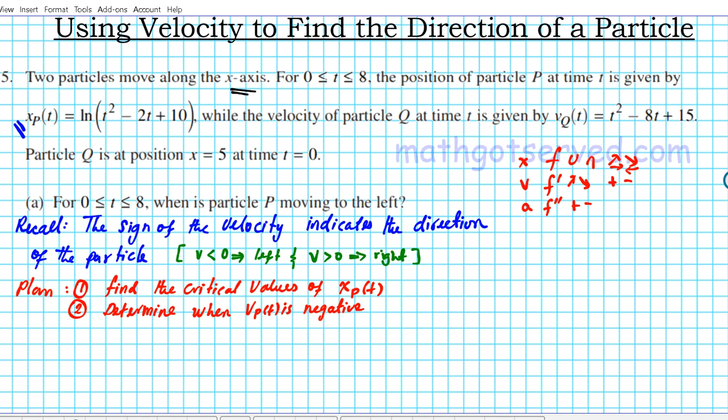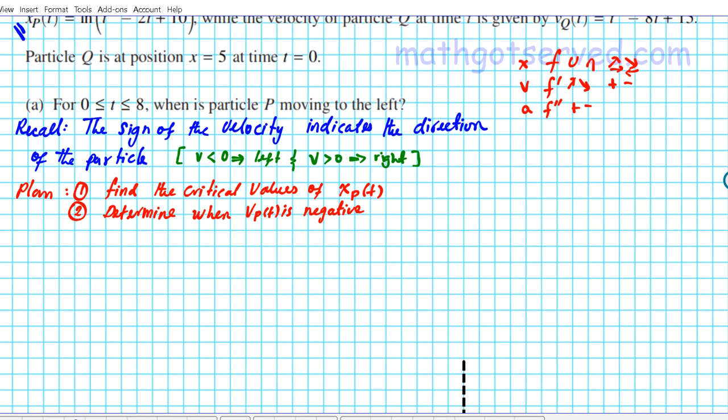Let's do this. We'll start off by finding the critical values of the position function x_P(t).